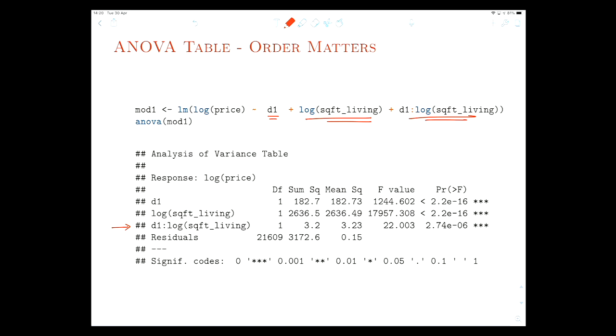In this instance, this ANOVA table is useful in testing whether the interaction term is significant or not. That last sum of squares, and therefore its corresponding F value and its P value, tells us whether the interaction term is significant. This tells us, in fact, that it is. The F statistic is 22 with a P value of less than 0.05, suggesting that the interaction term is statistically significant.